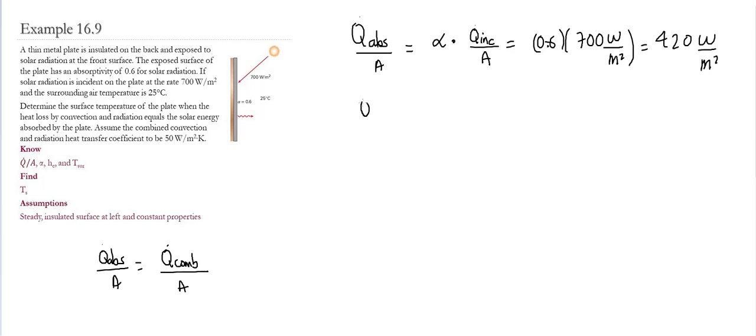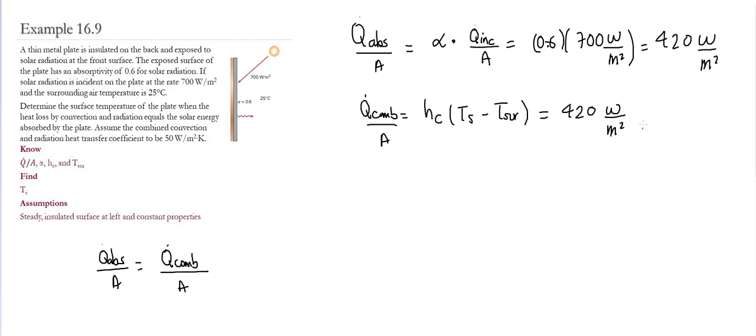So the amount of combined heat transfer between radiation and convection is simply the combined heat transfer coefficient times Ts minus T surrounding. Notice that these two values are equal to each other, so we could make this also equal to 420 watts per meter square.